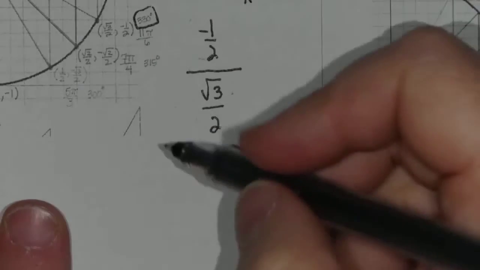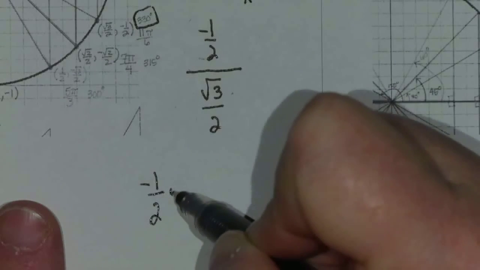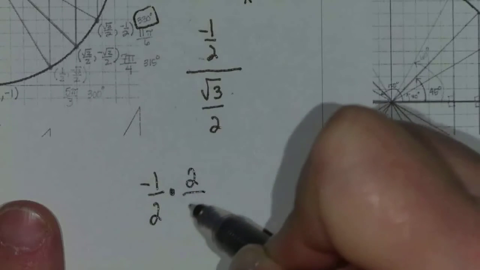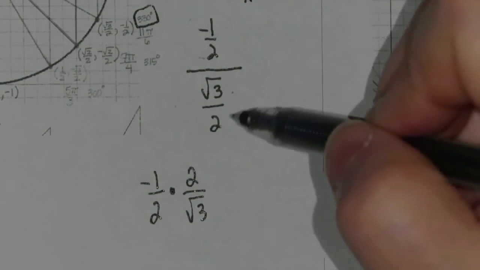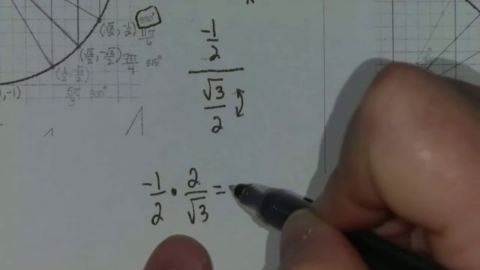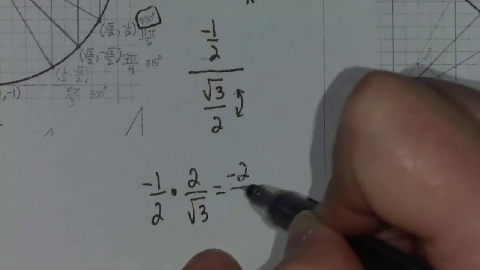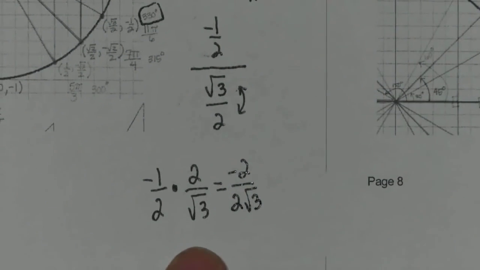So instead of having negative 1/2 divided by the square root of 3 over 2, I'm going to have negative 1/2 times 2 over the square root of 3. Do you see how I just flip this one upside down and I multiply by it instead? You guys remember that, right? Multiplying by the reciprocal. So on the top, because top times top, I get negative 2. And on the bottom, I get 2 square roots of 3.